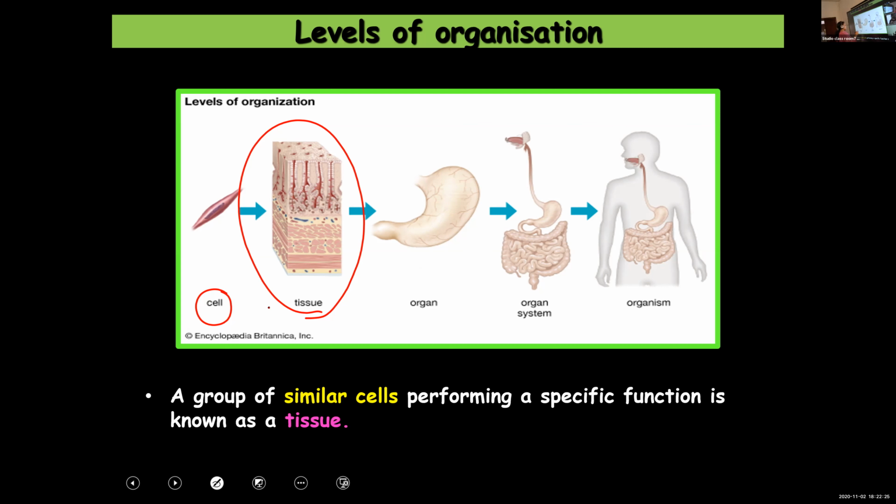So a group of cells will form a tissue. A group of tissues will form an organ. A group of organs will form an organ system, and several such organ systems will form an organism. So the different levels are cell, tissue, organ, organ system, organism.